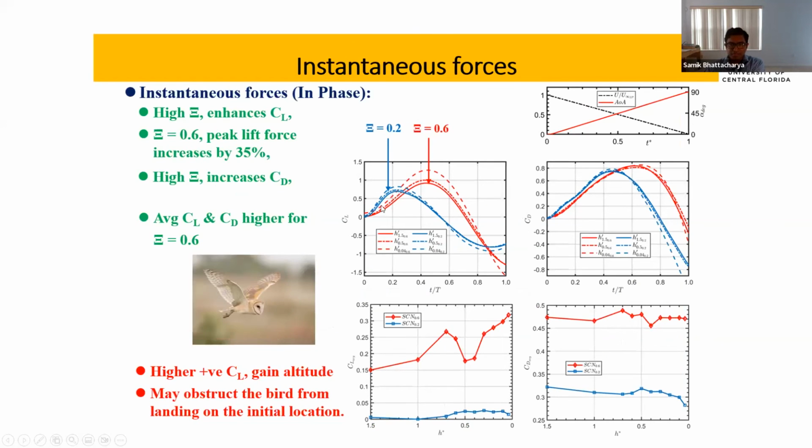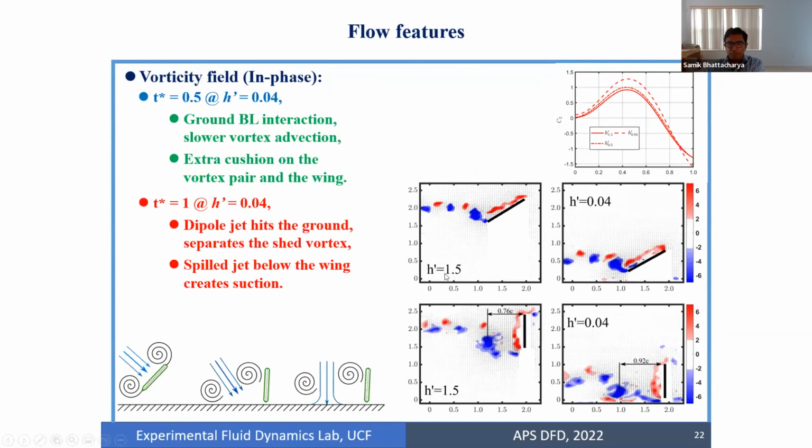Next, we have also measured the instantaneous forces, and what is also important is the ground height. So at very low ground height, you can get a higher CL, as shown in this figure for these different shape change numbers. So I will quickly go through.